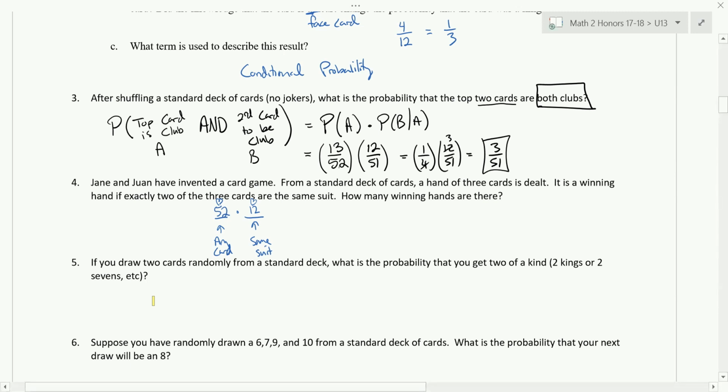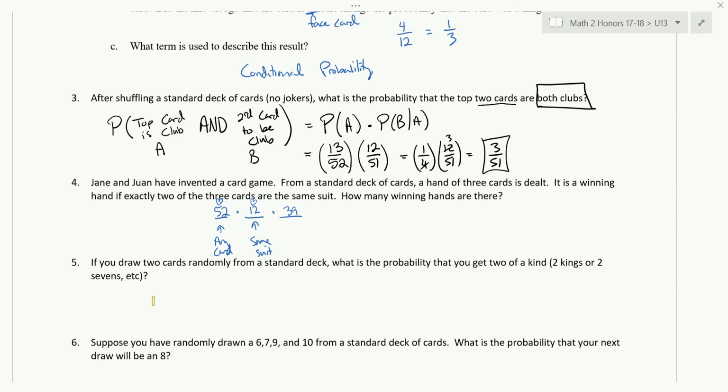And then times, not a heart. So there are 3 other suits out there. There's the diamonds, and there's 13 of those. There's the 13 clubs, and there's the 13 spades. And together there's 39 total.